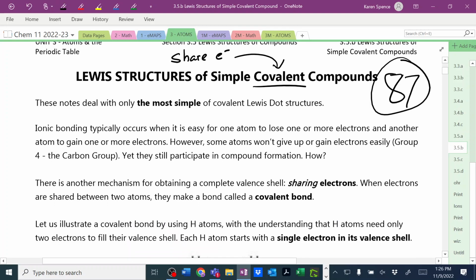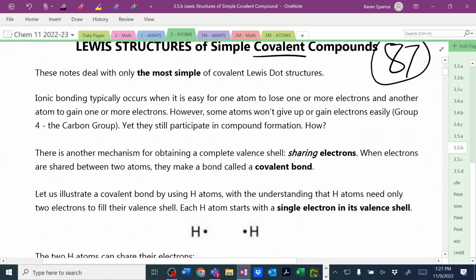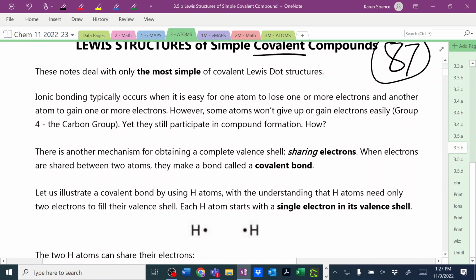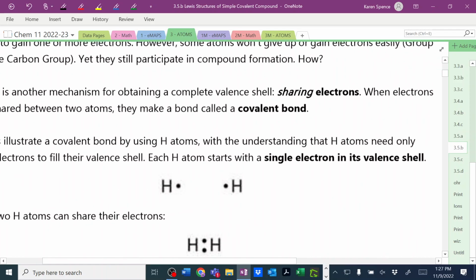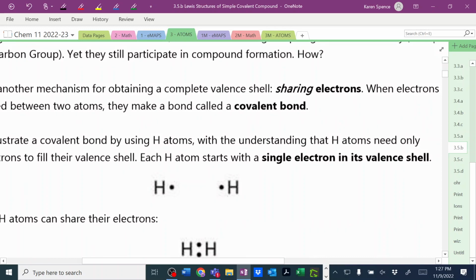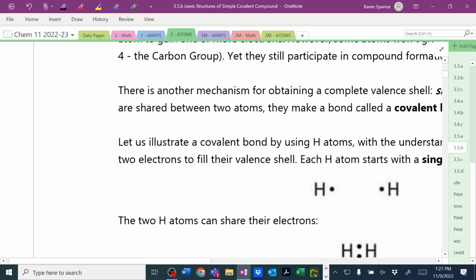okay? So let's illustrate this with the simplest one possible. Here we have hydrogen. Now we have to remember hydrogen, if I was to draw a Bohr model of hydrogen, I would have a proton in the center because it's atomic number 1, and I would have one electron around the outside because protons and electrons in an atom have to be equal.